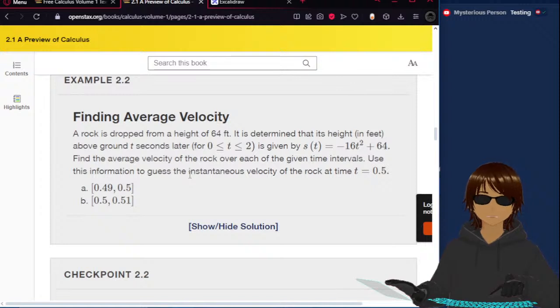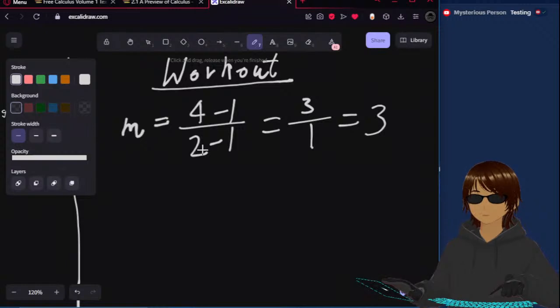I'm plugging in the value of t. Square. Oh no, they're both t. Okay, let's see.